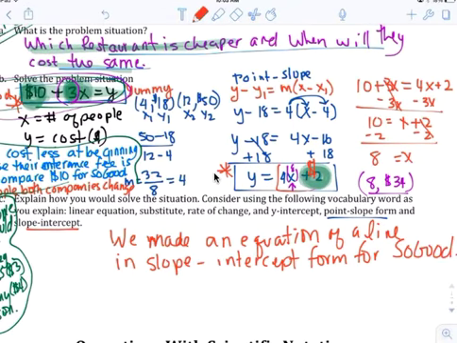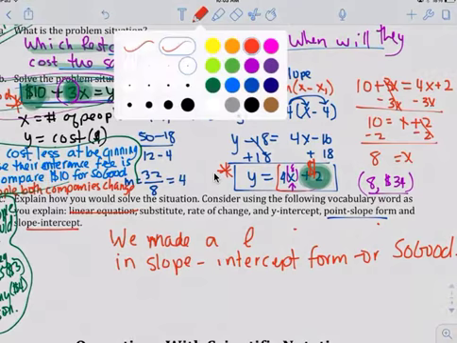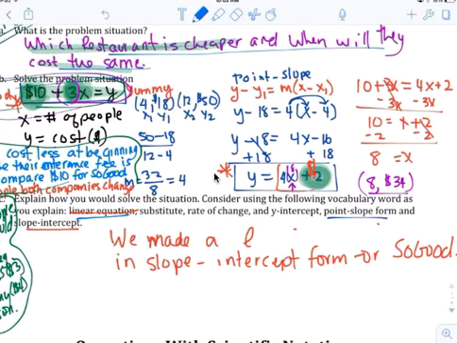Okay, period. So the equation of a line is a linear equation, so we made a linear equation in slope-intercept form for So Good. Okay.